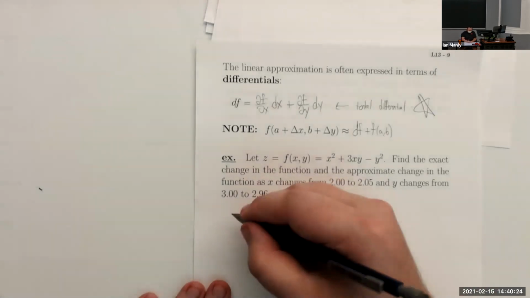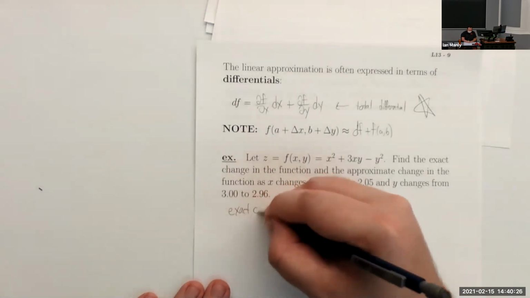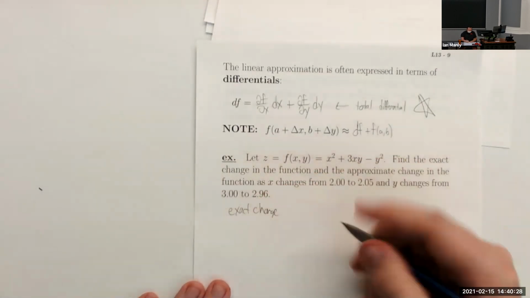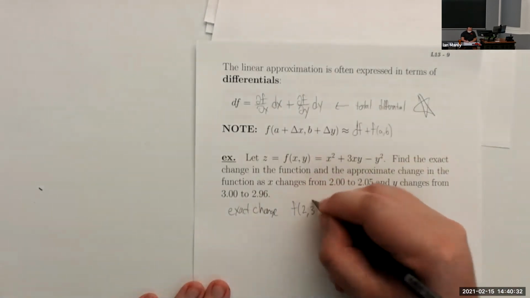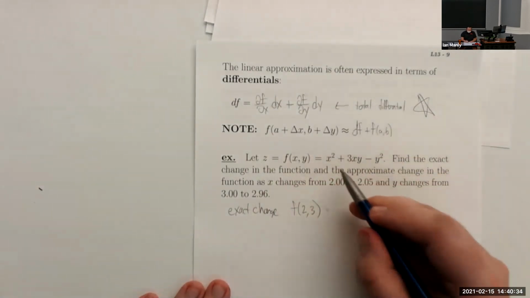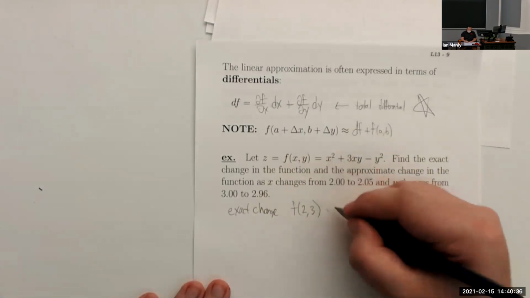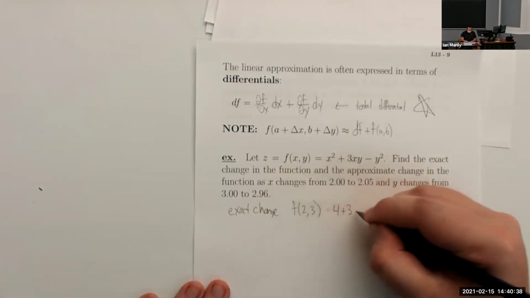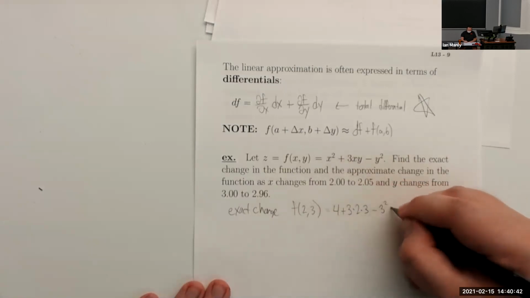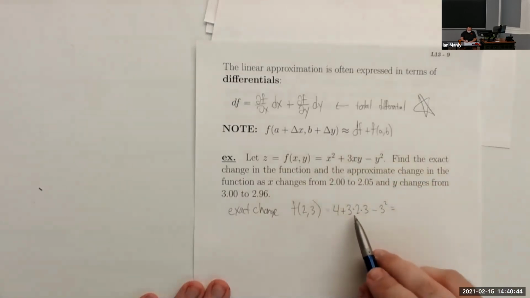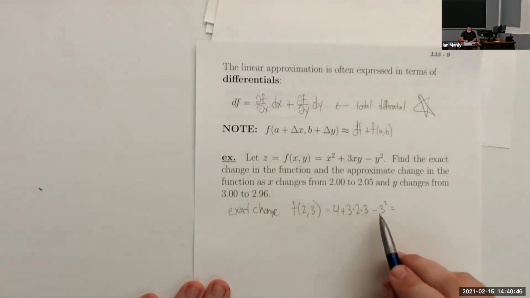Okay, so let's do the exact change. f of 2, 3 is the starting value. We do 2 squared is 4, plus 3 times 2 times 3, minus 3 squared. This is 18, minus 9 is 9, plus 4 is 13.